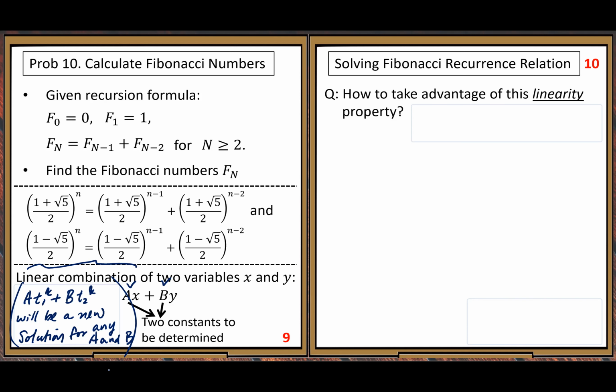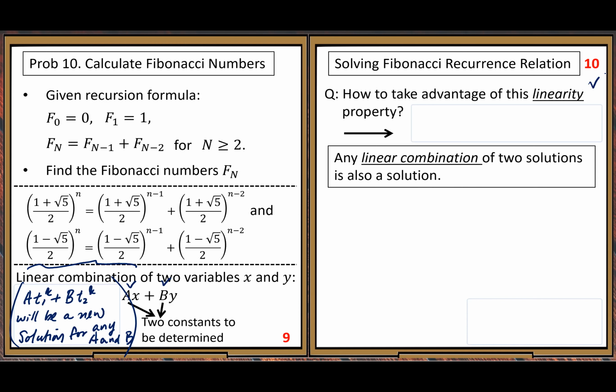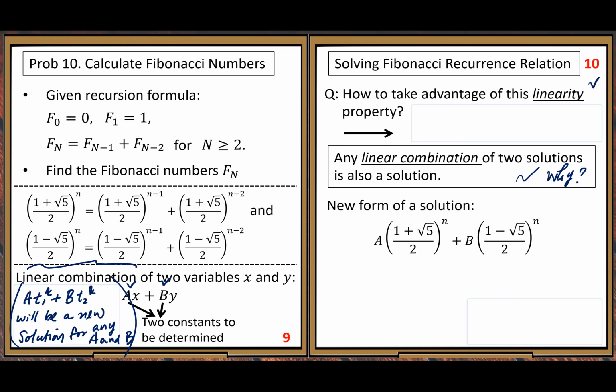Any linear combination of two solutions is also a solution. I can show you why it is correct, but you may ask me why it is correct, right?